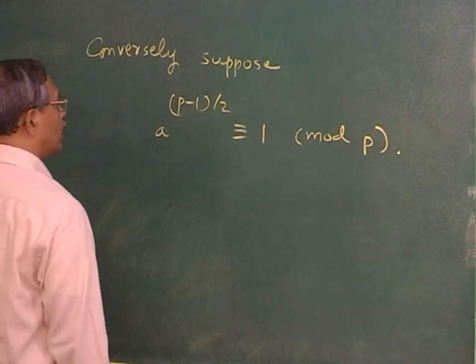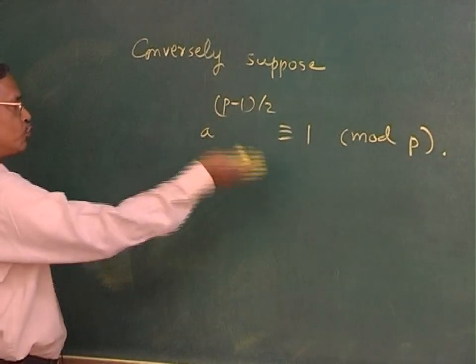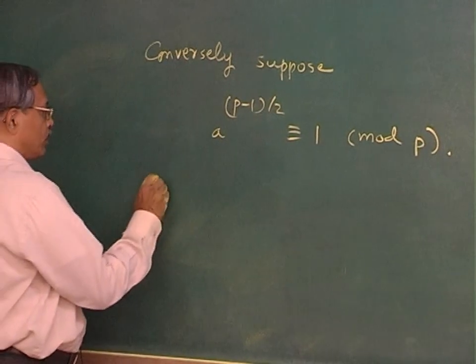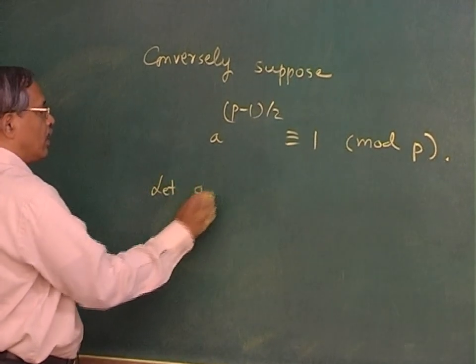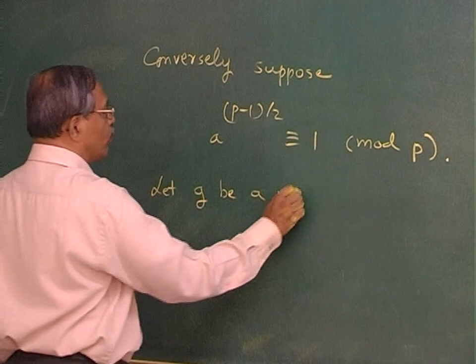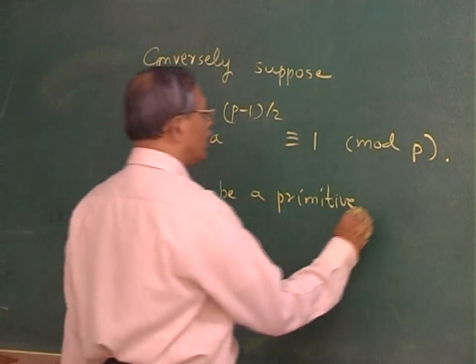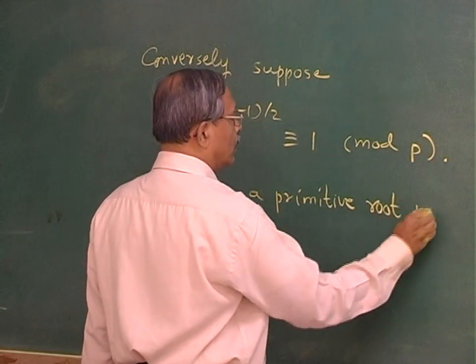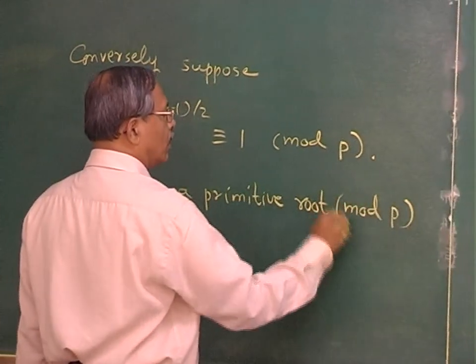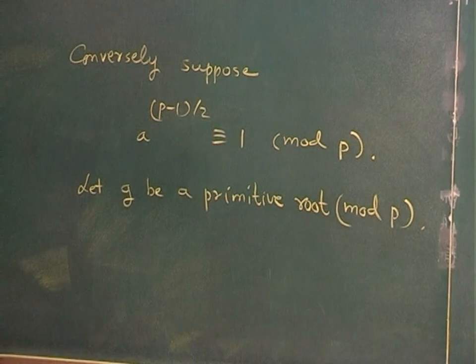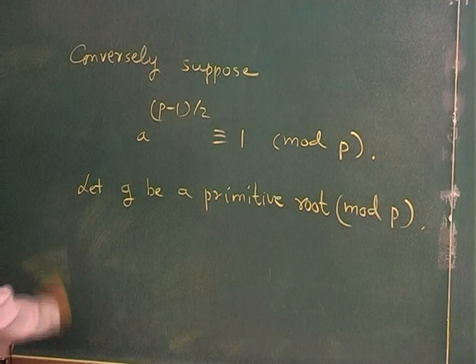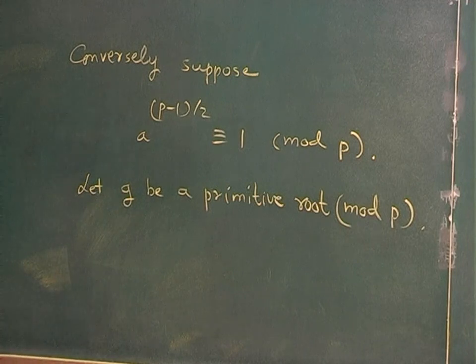So here, one of the methods is to use a primitive root mod P. So let G be a primitive root mod P. Once you have a primitive root mod P, its order is the maximum possible, that is P minus 1.